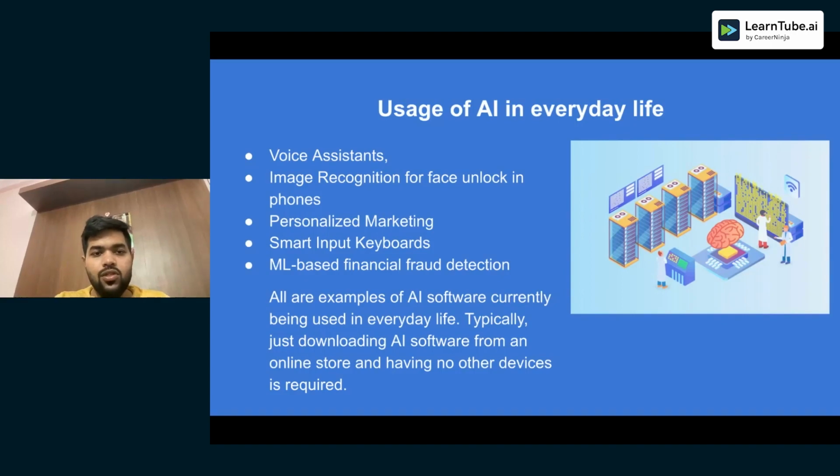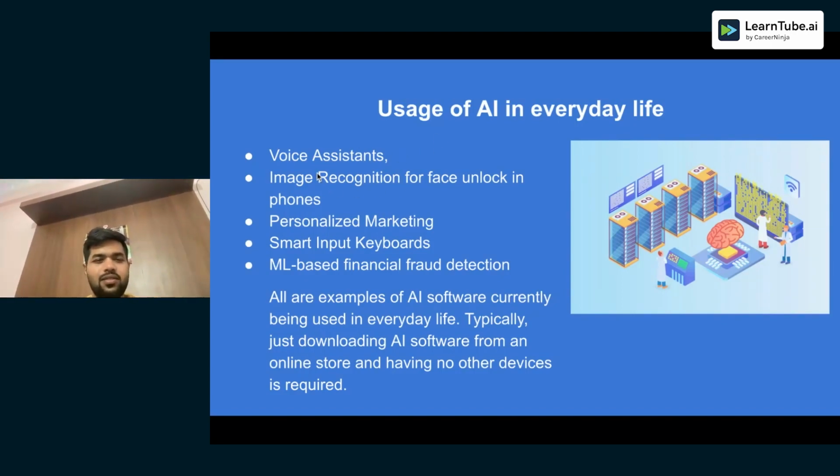Usage of AI in our daily life includes voice assistants, and image recognition for face unlock, which is used in your phones. Personalized marketing, and ML-based financial fraud detection and credit card fraud detection.